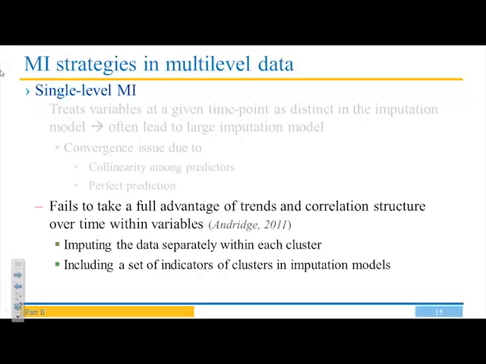But more importantly, these methods are not proper for accounting for the correlation structure of the repeated measures. You can use some sort of workaround, like imputing separately for each cluster, or using indicators for each cluster as another variable in the imputation model. However, previous studies suggested not to do that because this may lead to biased results, especially underestimation of the variance.